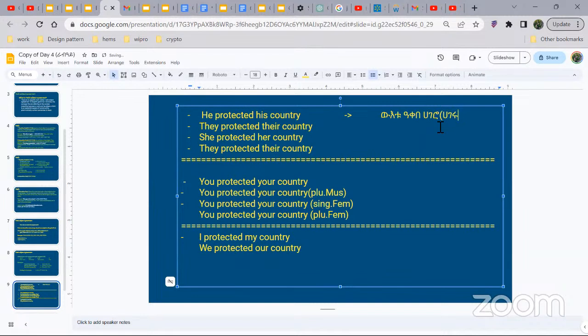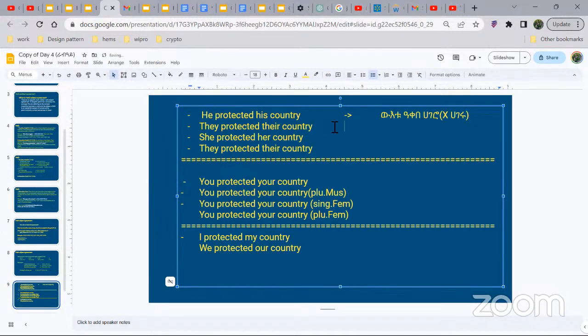This is wrong, I shouldn't say it. Because of the object, it's not the same.